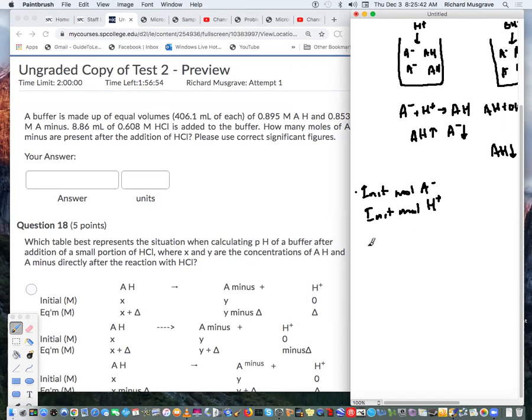Now the initial moles of A minus is going to equal the molarity, which is 0.853 moles per litre, times the number of litres we have, which is 0.4061 litres. That gives 0.346.